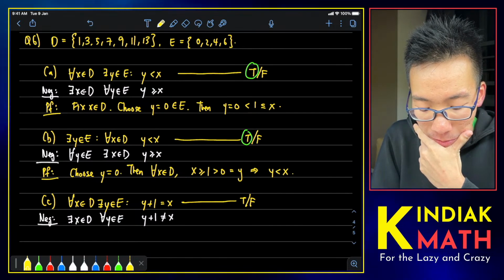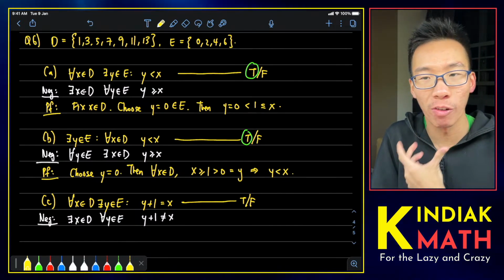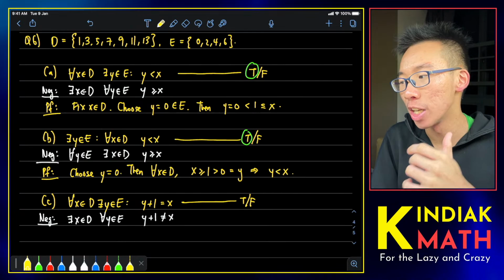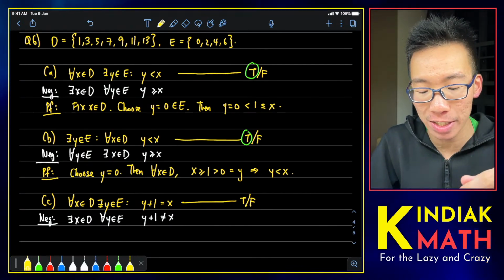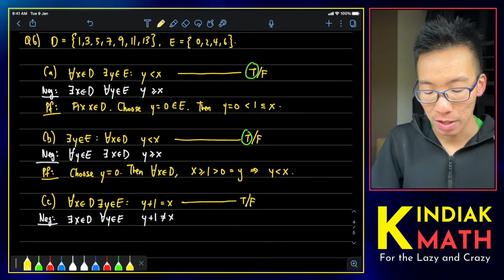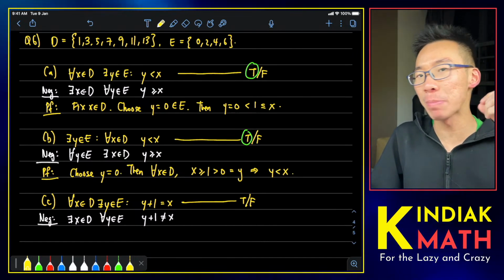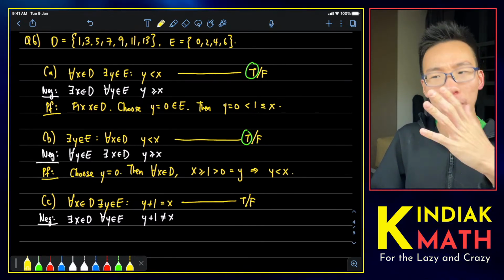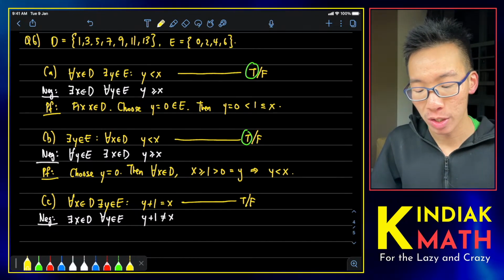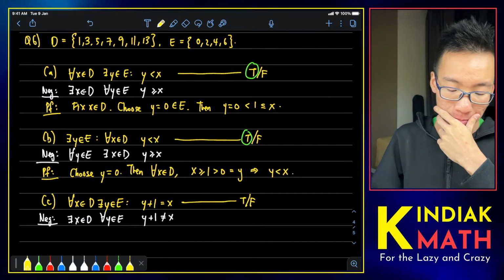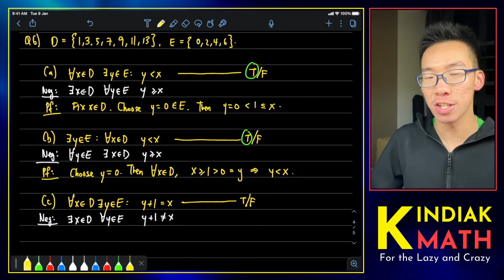The statement in its original form says, for any item in D, you can find y in E such that y plus 1 equals x. The negation says that you can find some x in D such that no matter which y you choose in E, y plus 1 will never equal x. I think the negation is true this time around.